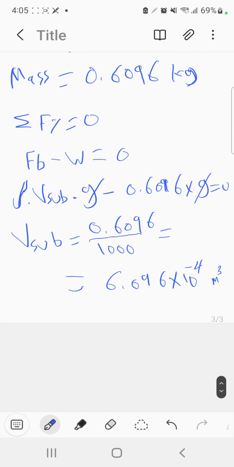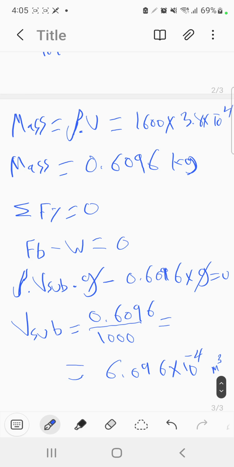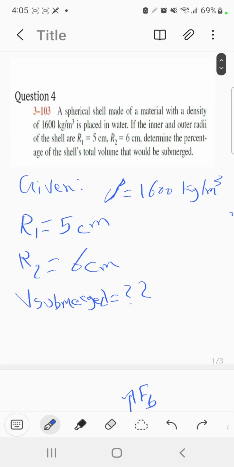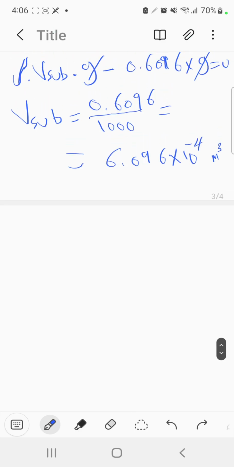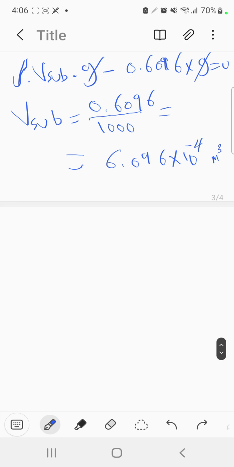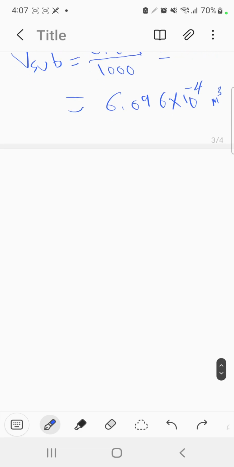So we know the V submerged is equal to this. After we find the V submerged, he wants the percentage of how much of this will be under the sea.